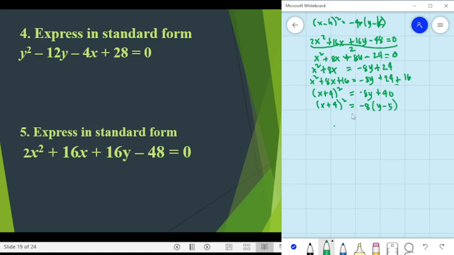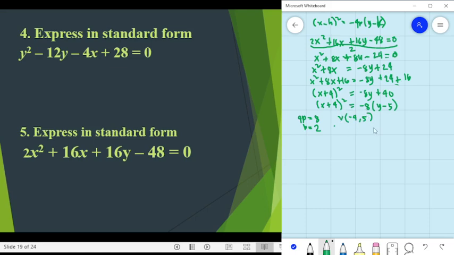So from here our 4p is equal to 8, or negative 4p is negative 8, so your p here is positive 2, and your vertex is at h equals negative 4 and k is positive 5.